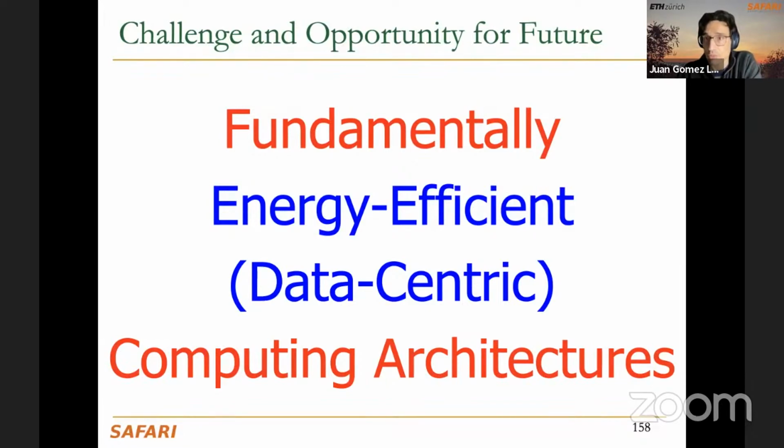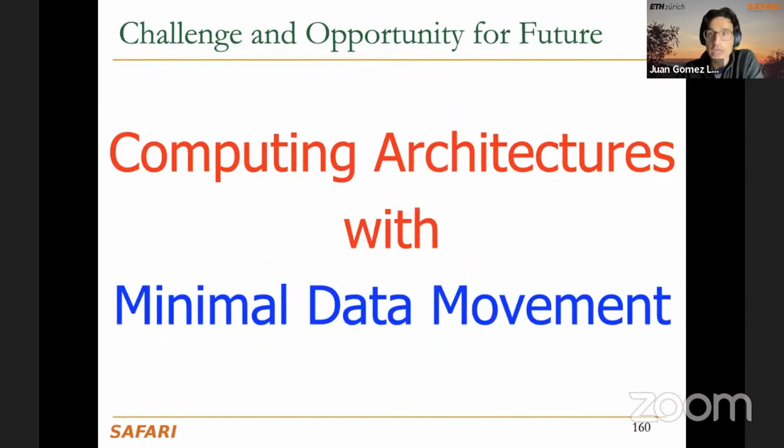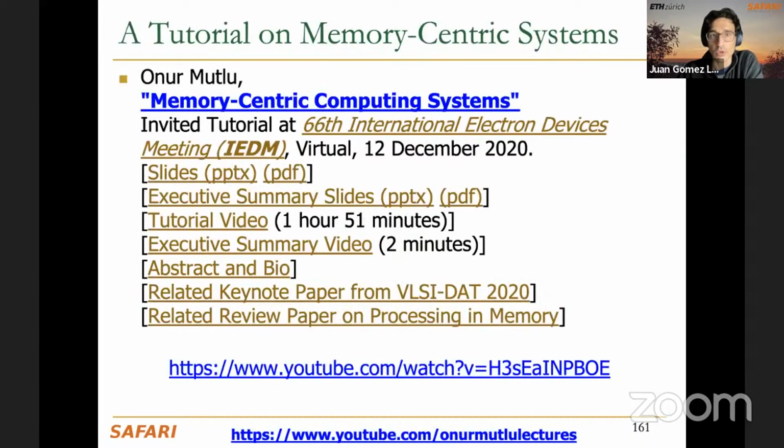The opportunity is to build fundamentally energy efficient computing architectures that are data-centric, and also not only energy efficient, but also high performance. The ultimate goal is to create computing architectures with minimal data movement, and we are getting closer and closer to this ultimate goal.